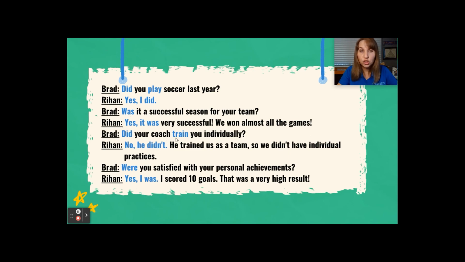Did your coach train you individually? No, he didn't. He trained us as a team, so we didn't have individual practices. Were you satisfied with your personal achievements? Yes, I was. I scored 10 goals. That was a very high result.